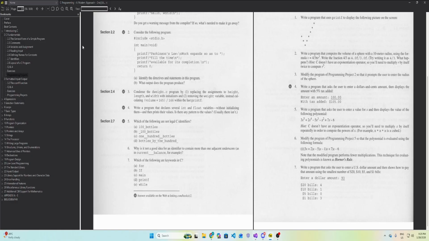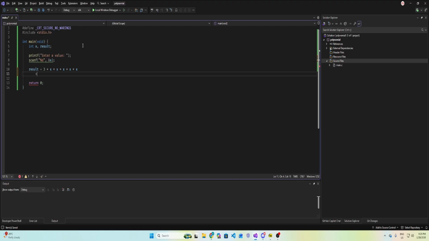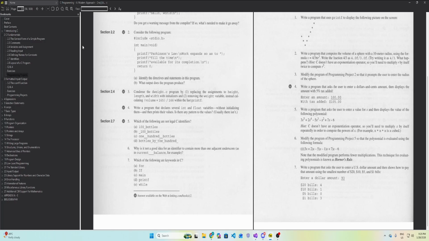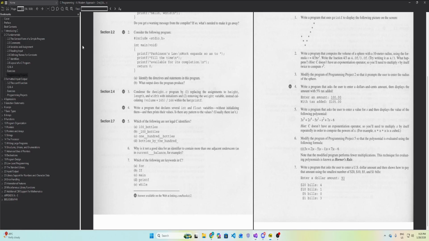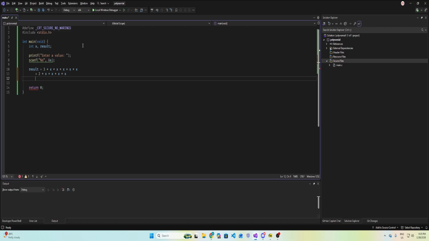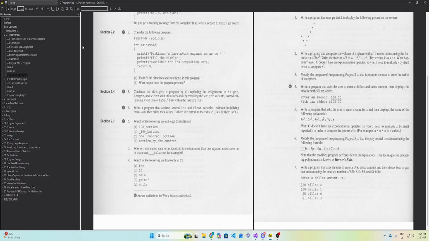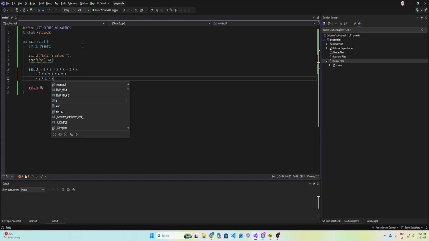Then we go next. We plus 2 times x 4 times. Next one is minus 5 times x 3 times.